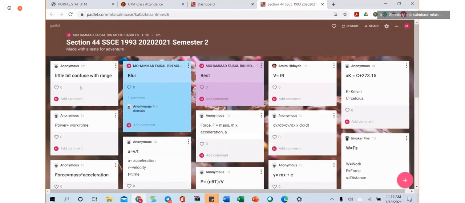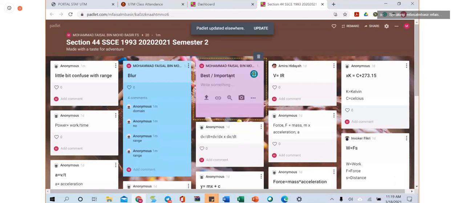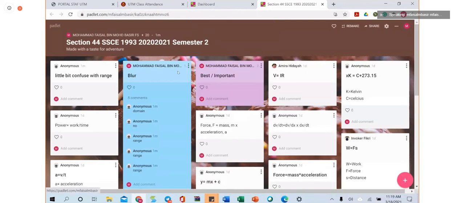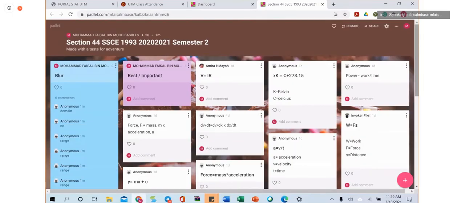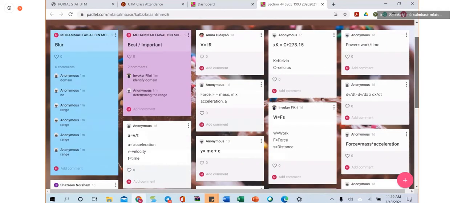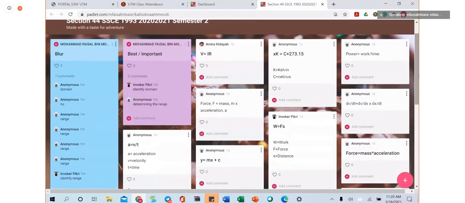Don't like here. Please write what is the best and what is blur. Everyone please do it. I will check.